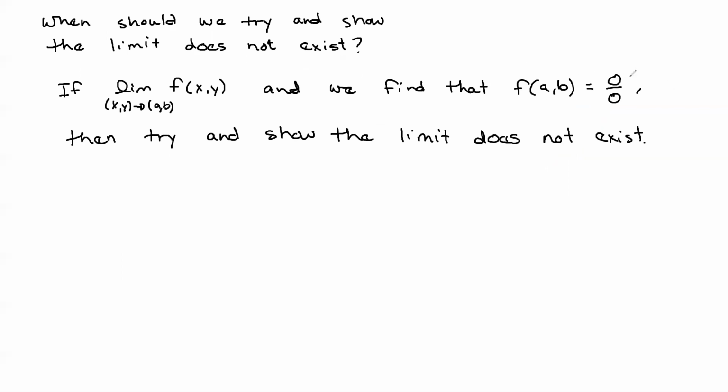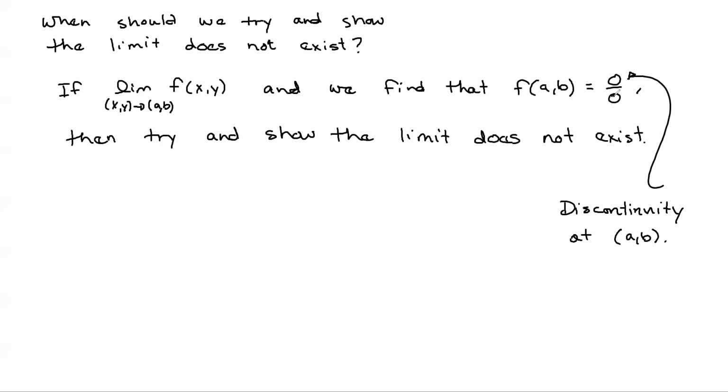Why this? What's the origin of this? Where does this come from? What this is saying is that there is a discontinuity at (a, b). And it's a discontinuity where you could end up still getting a finite value, right?